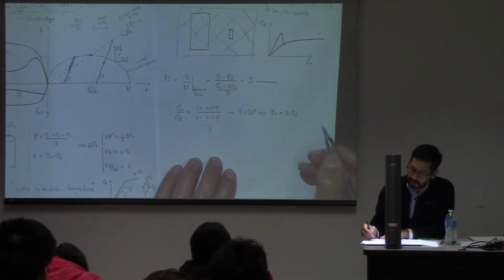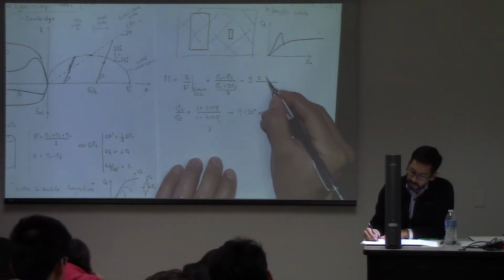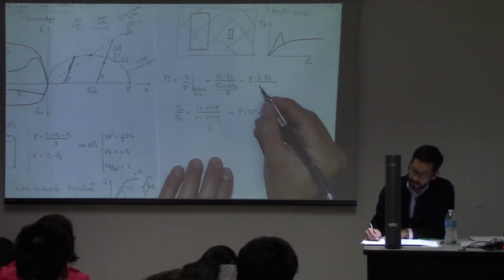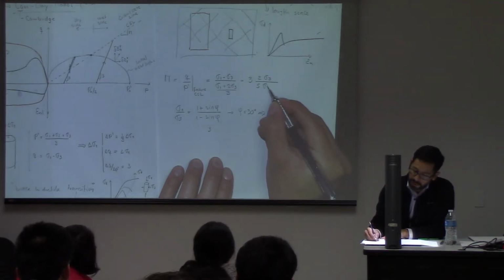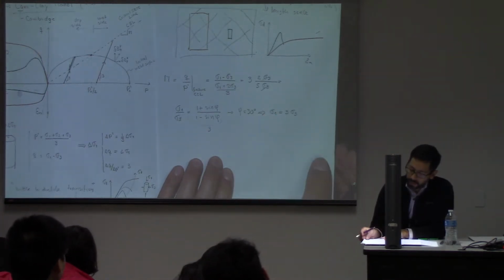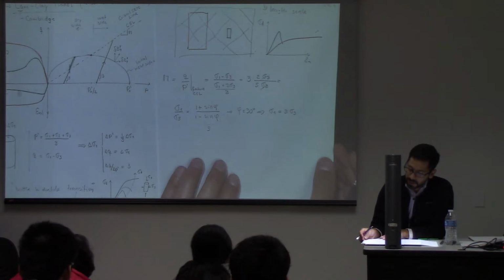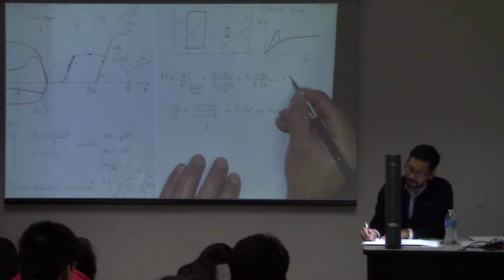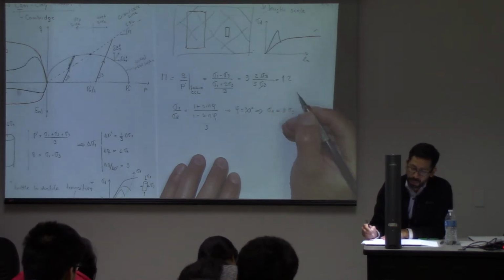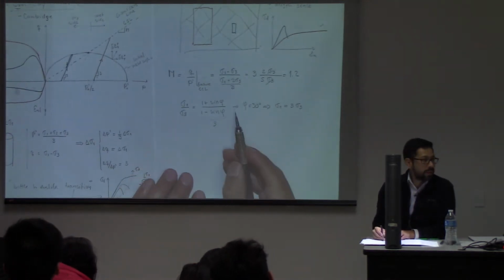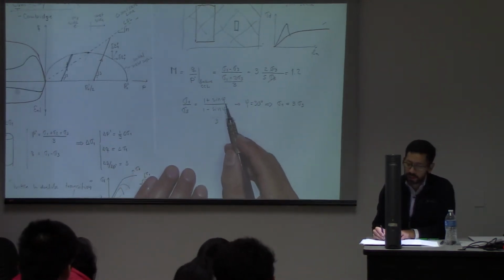How many sigma 3s? 2 sigma 3s, and this? 5 sigma 3s. So what is going to be 6 divided by 5? 1.2. So the parameter M is just a function of the critical state angle.